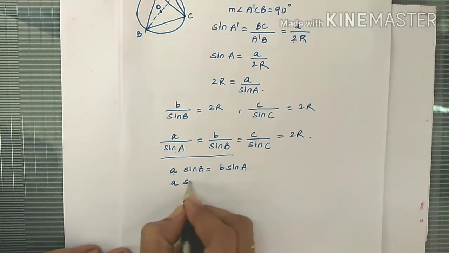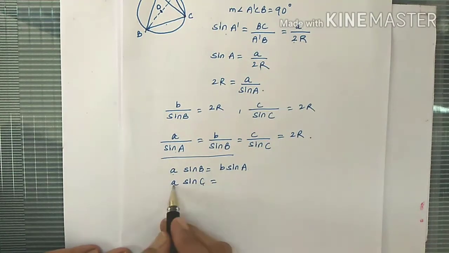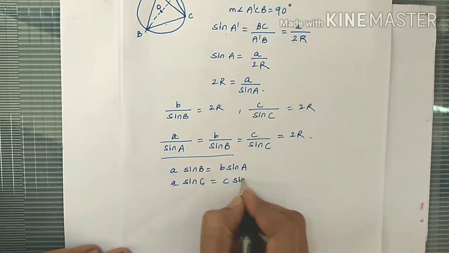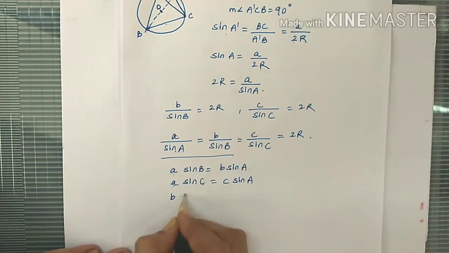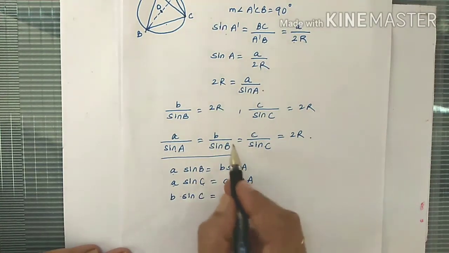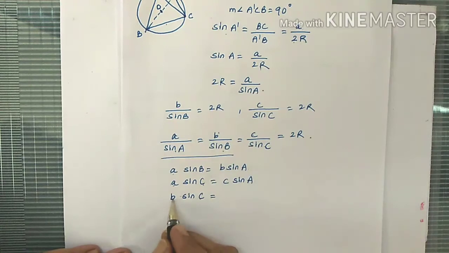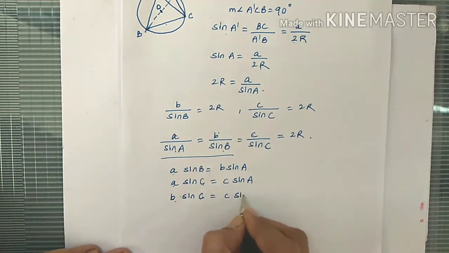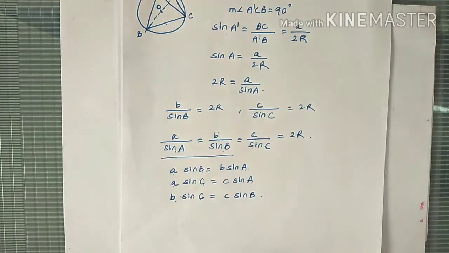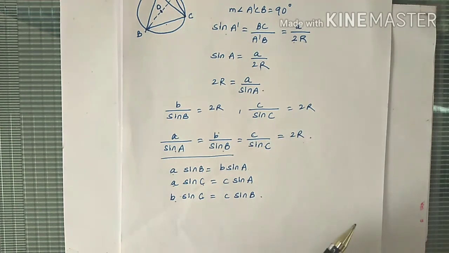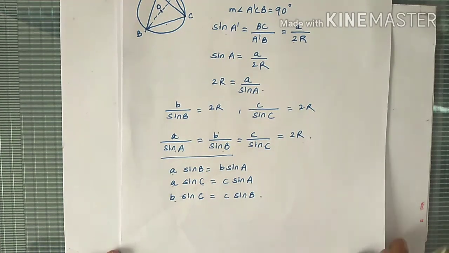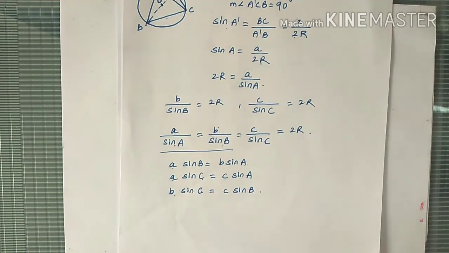If we write a sine C, then interchanging these two, that is equal to c sine A. And b sine C equals c sine B. See, these two get interchanged. So we can write the sine rule like this also. But instead of 2R, while solving questions, we can take this constant as K, so that it will be easier to solve the questions. So this is our proof of the sine rule.